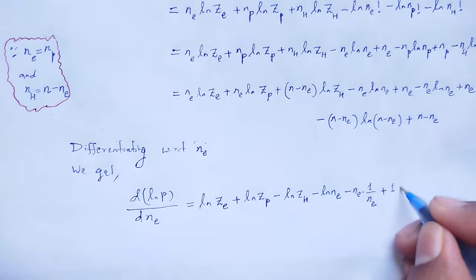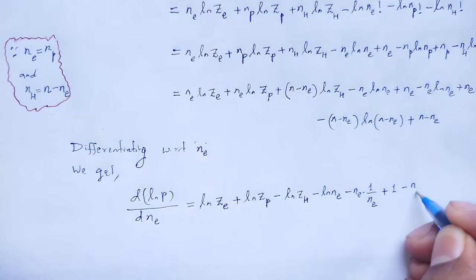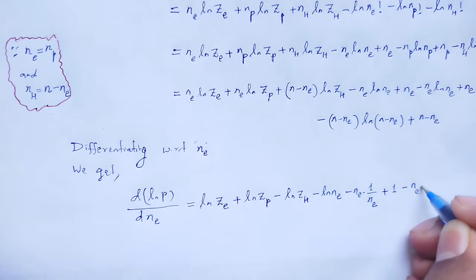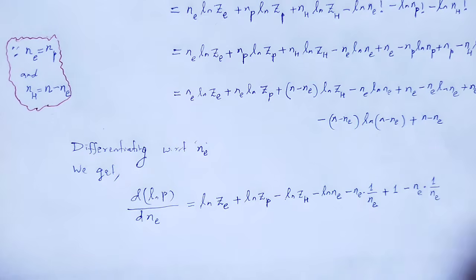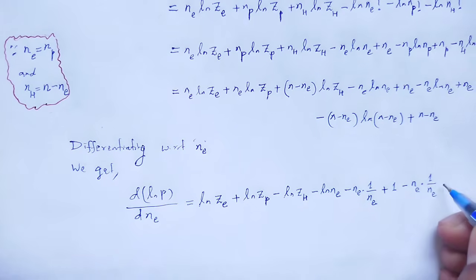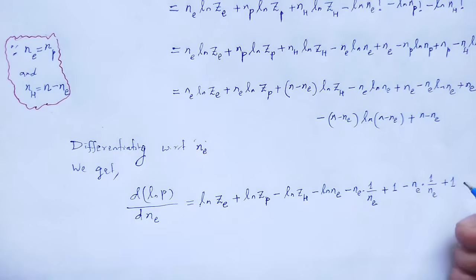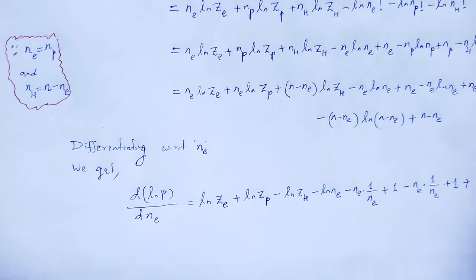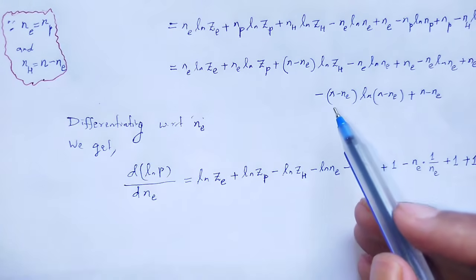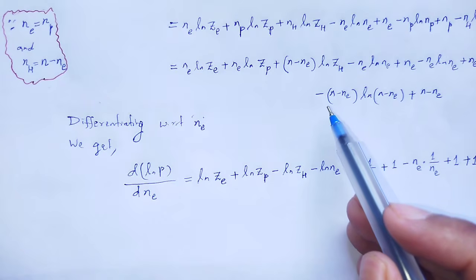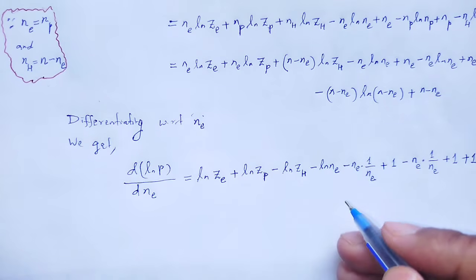Next, differentiation of first term, second term as constant, plus 1, again plus differentiation of that N_e as 1, minus.